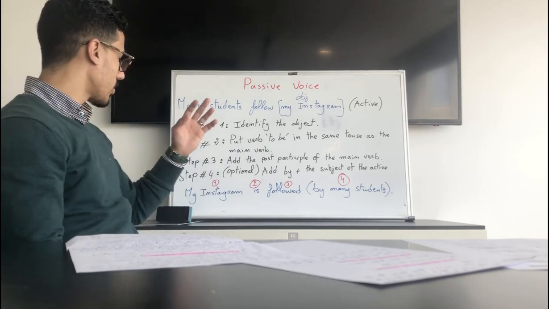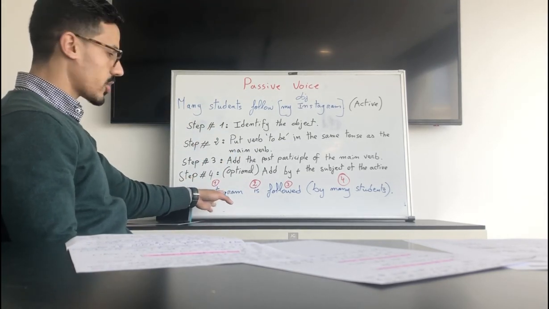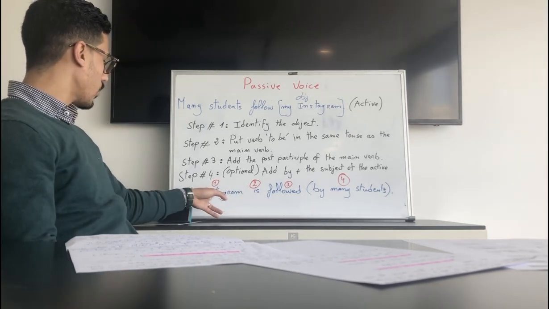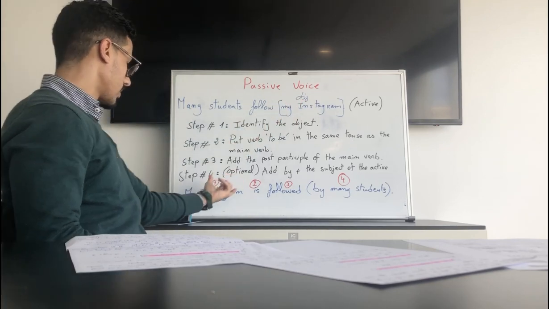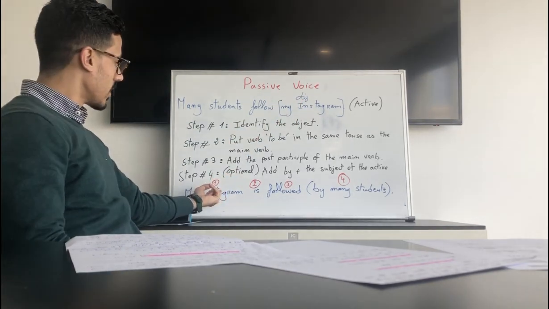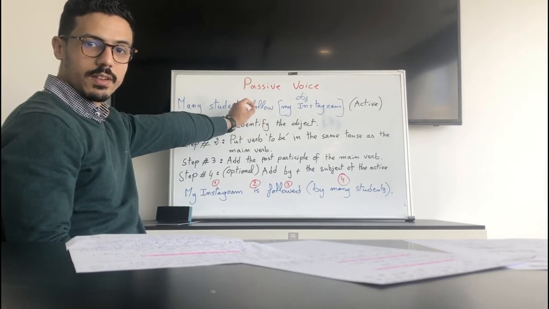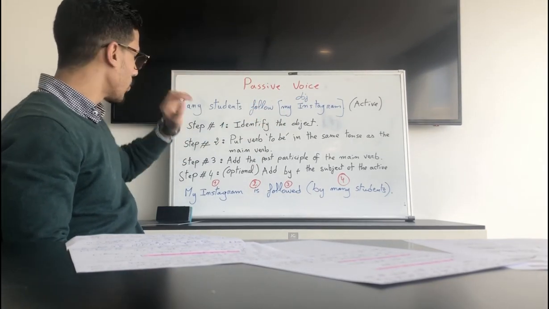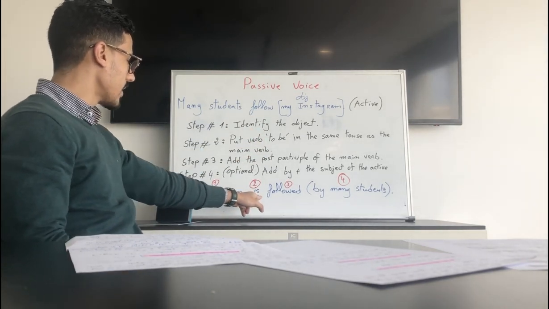Alright, now let's have a look at the sentence after being changed into the passive. Step 1: the object becomes the head of the sentence. Step 2: we look at the verb and its tense. Here it's in the present, so to be is in the present too. My Instagram is.